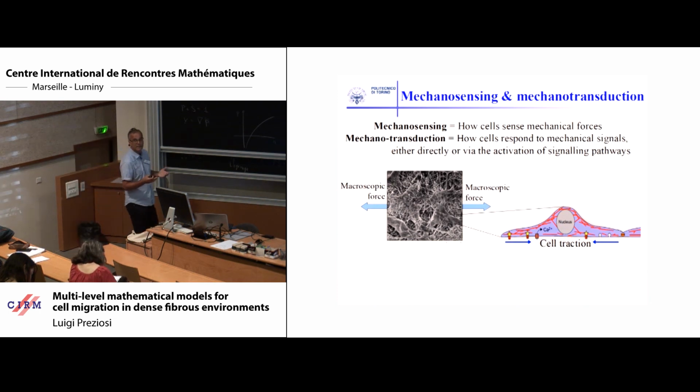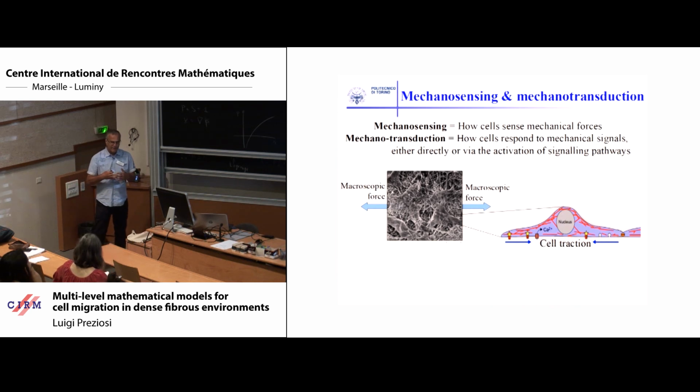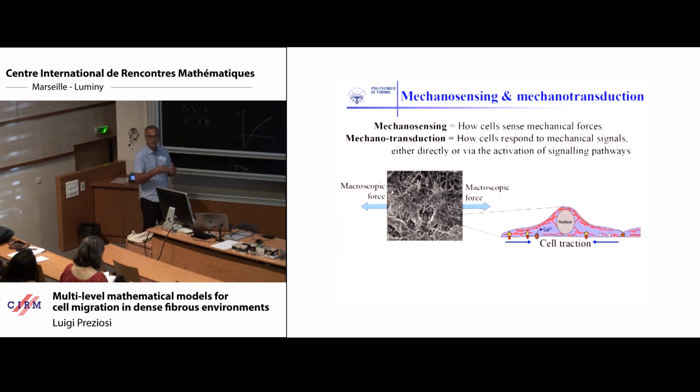by expressing something. This is well known, but nowadays the interest of biologists is enlarging. Before, all the biology was biochemistry, I would say. Here it is at the interface between biochemistry and mechanics.